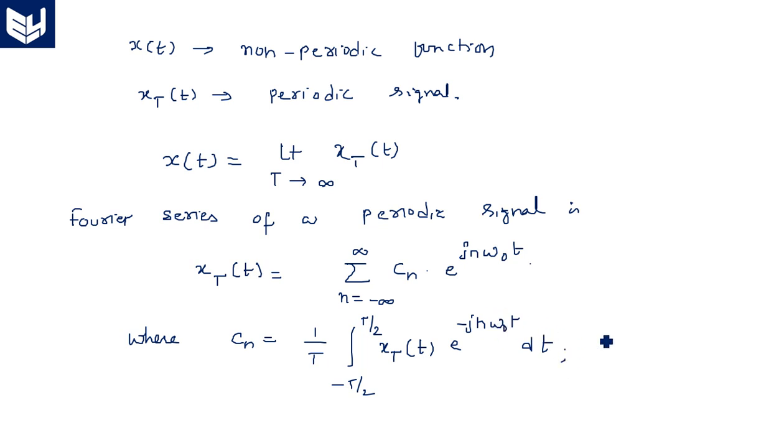And we already know what omega naught is. Omega naught is equal to 2 pi by capital T, the fundamental period of the signal. So these are the terms involved in this Fourier series x_T of t.